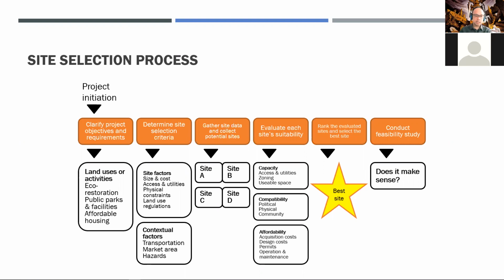And analyzing key site and key contextual attributes, or should we say threshold criteria, can make the site selection process more efficient. Frequently, a relatively small number of attributes will have a disproportionately large influence on the site selection decision.